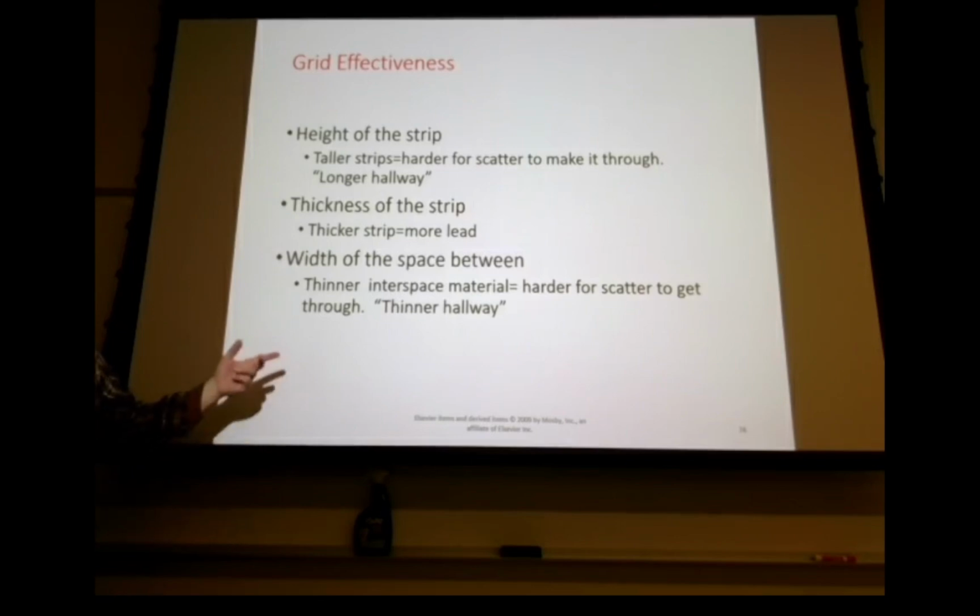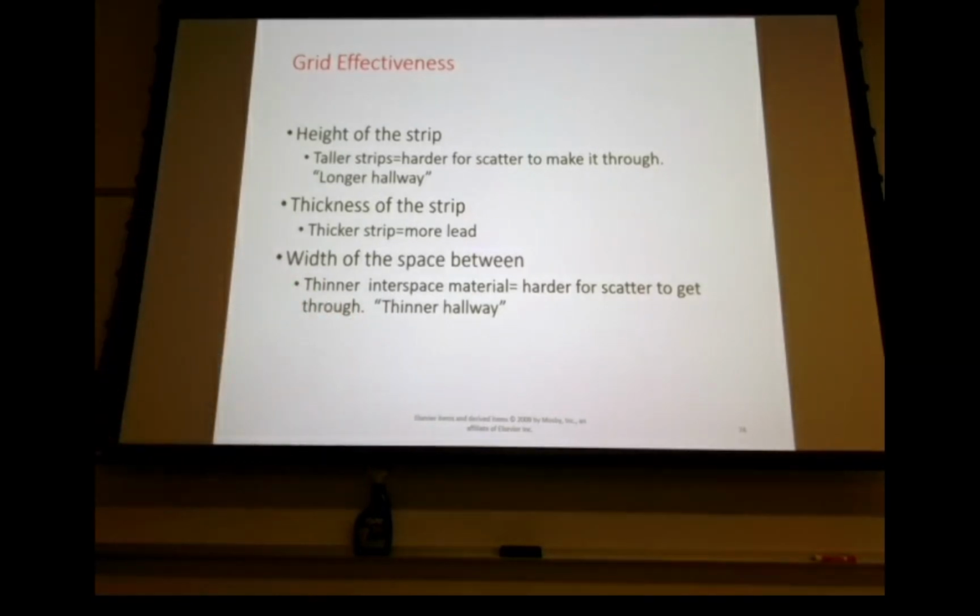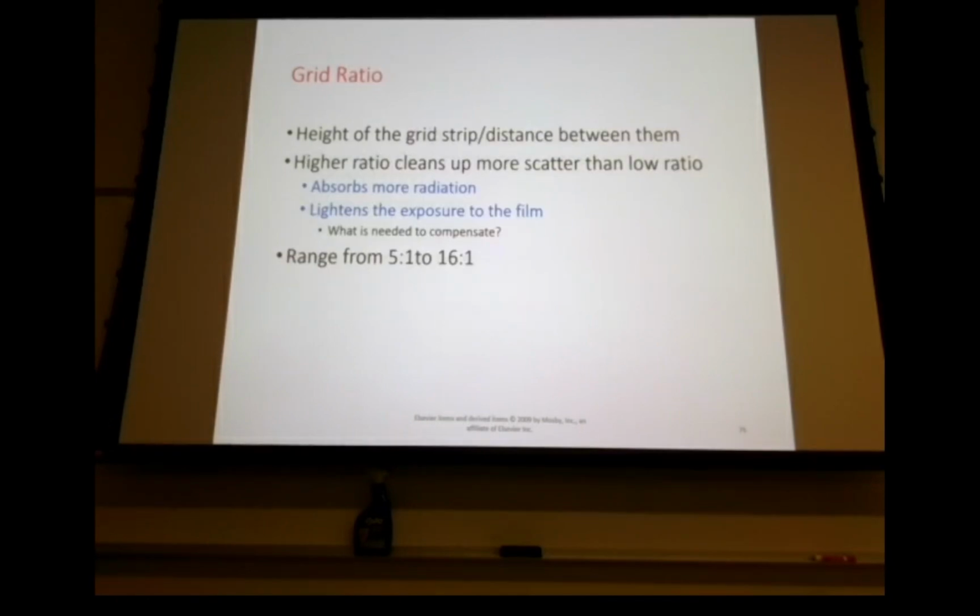So the second measure of grid effectiveness is what we refer to as grid frequency. And grid ratio is a little bit more complicated. It's going to be measured like 5 to 1, 16 to 1. That would be the height of the grid strip is 5 millimeters, 1 millimeter in between, something like that. 16 to 1 would be much more effective. It would be more efficient cleaning up the scatter radiation.